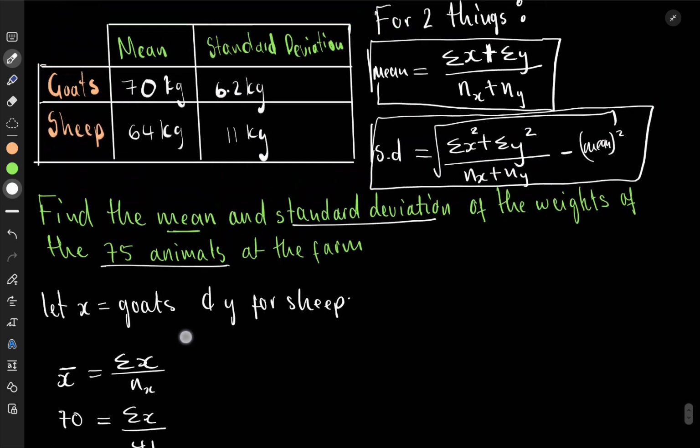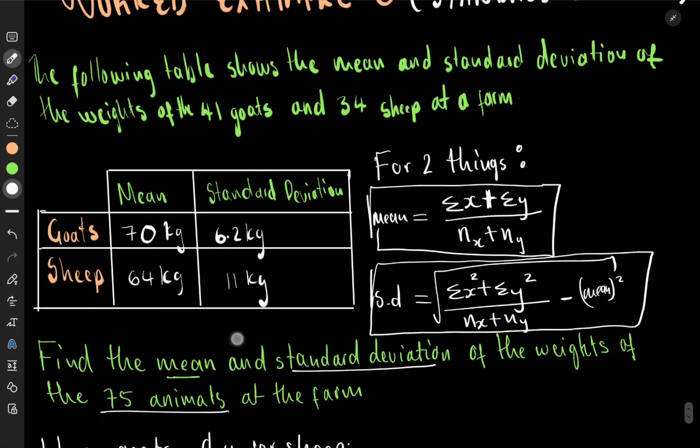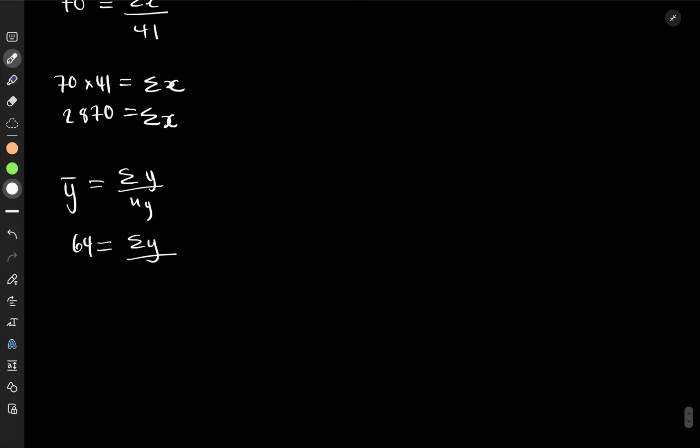Then the mean of y, for sheep, is 64, and we have 34 sheep. So 64 times 34 would be the sum of the sheep. You get 2,176. 2,176 is the sum of y.